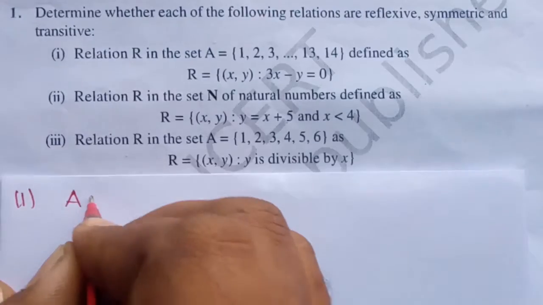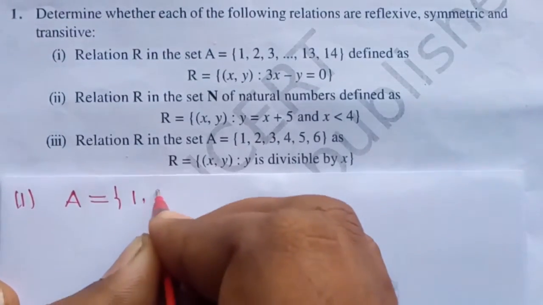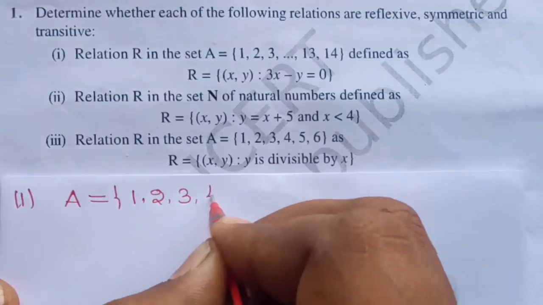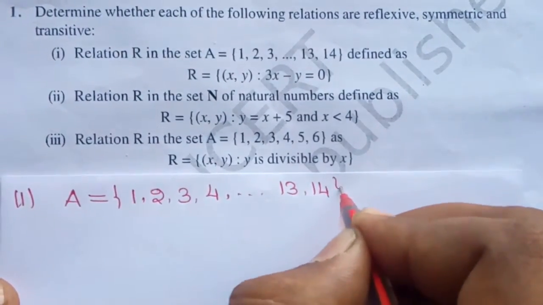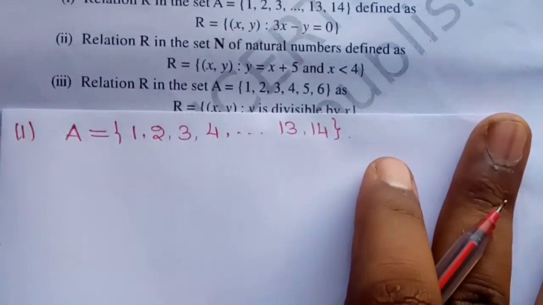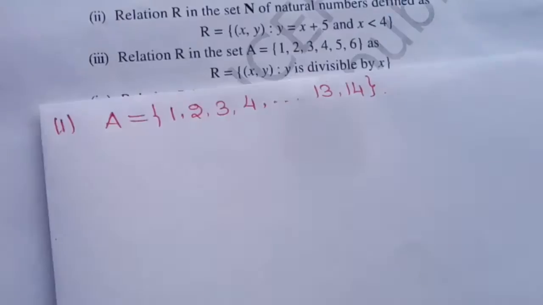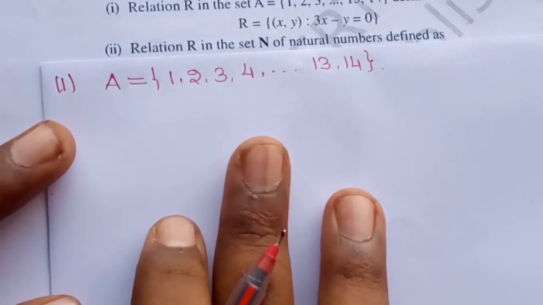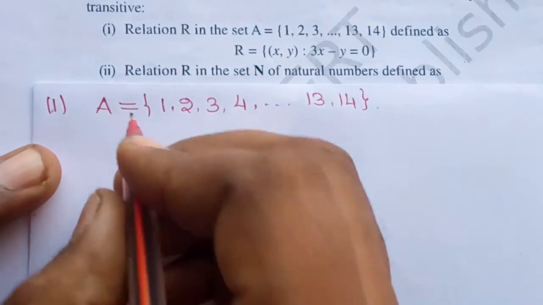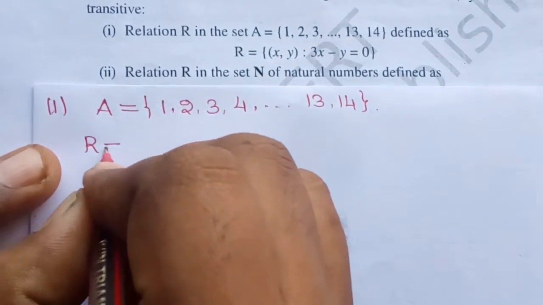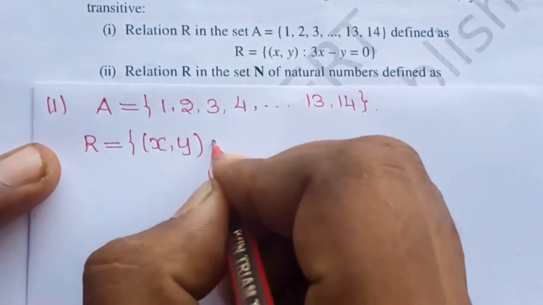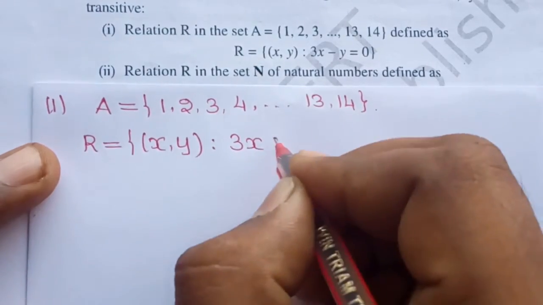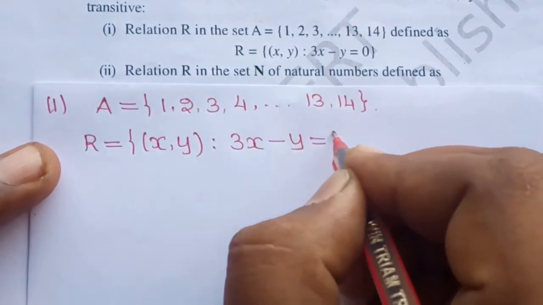So the set A is equal to {1, 2, 3, 4, and going on up to 13, 14}, and the relation R is defined by R equal to the set of ordered pairs (x, y) such that 3x minus y equal to 0.